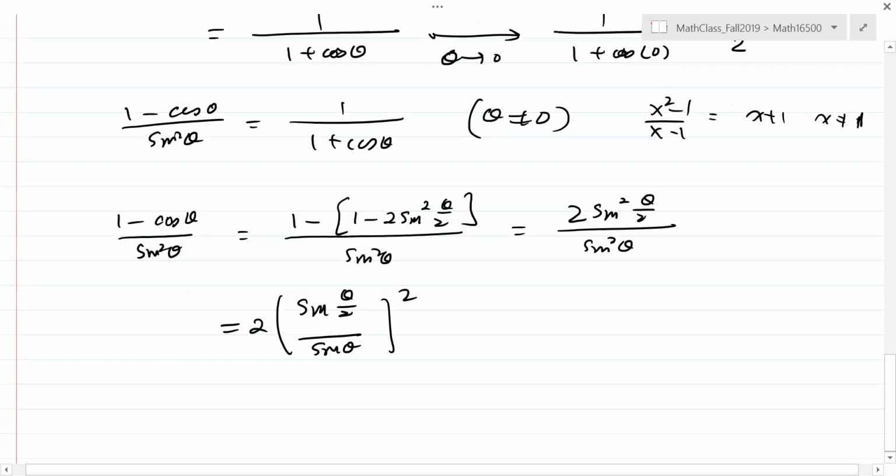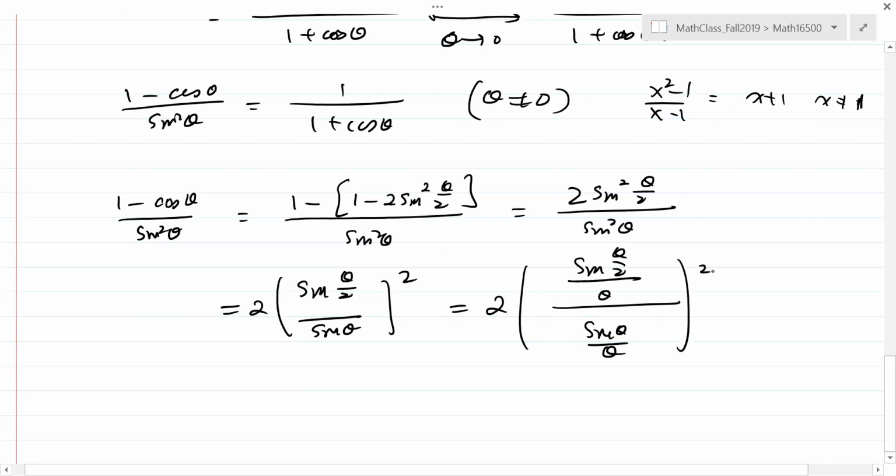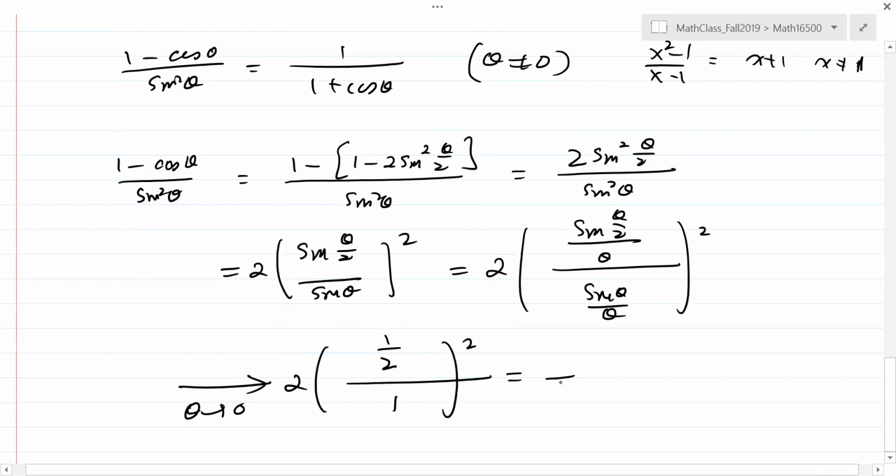How do you find the limit of this? Well, you divide the numerator and denominator both by theta. So you get sine half of theta over theta, over sine theta over theta. Then you know the limit of each term. As theta approaches 0, the numerator is going to be 1/2, the denominator is 1, and then squared, so it's going to be 1 over 2.